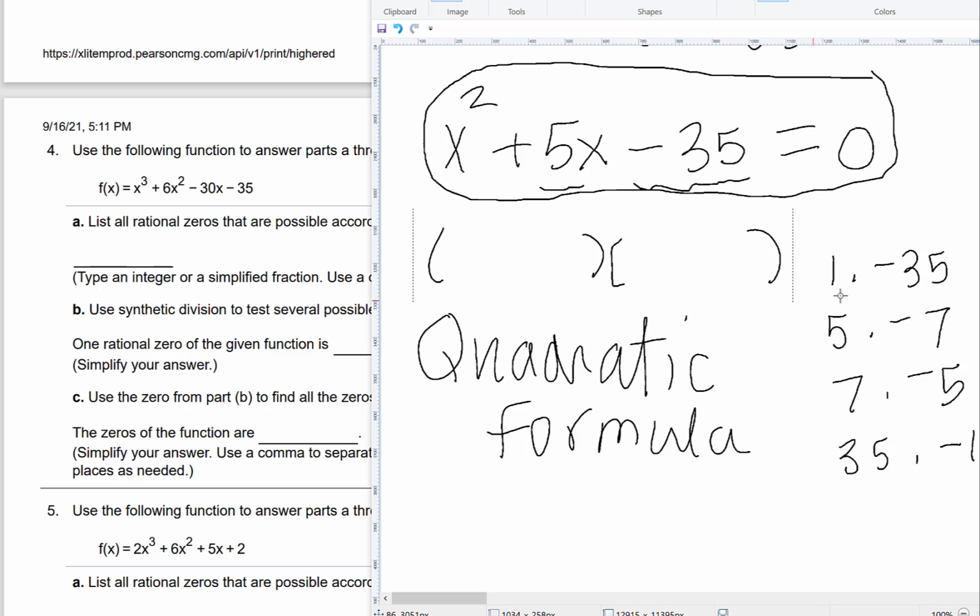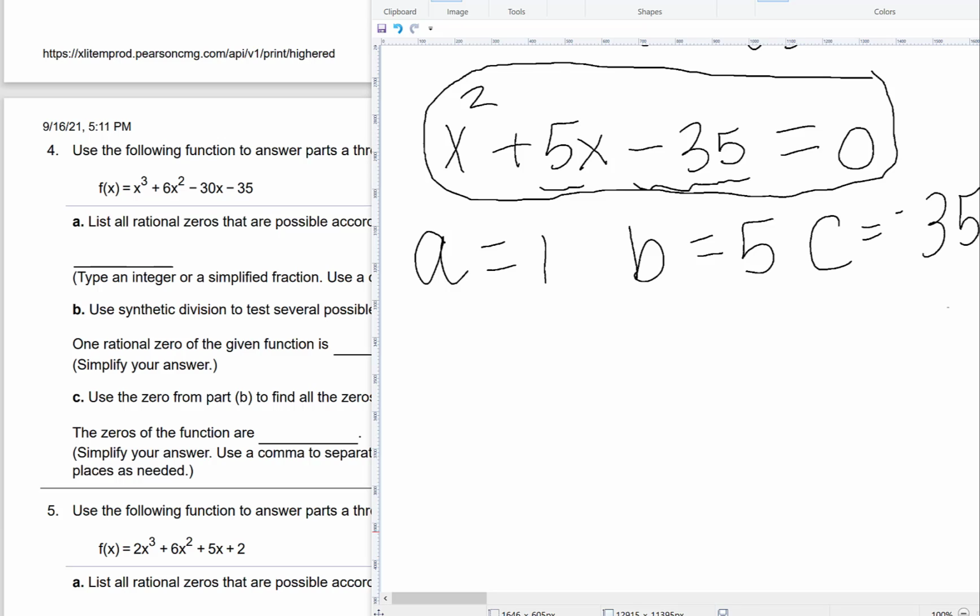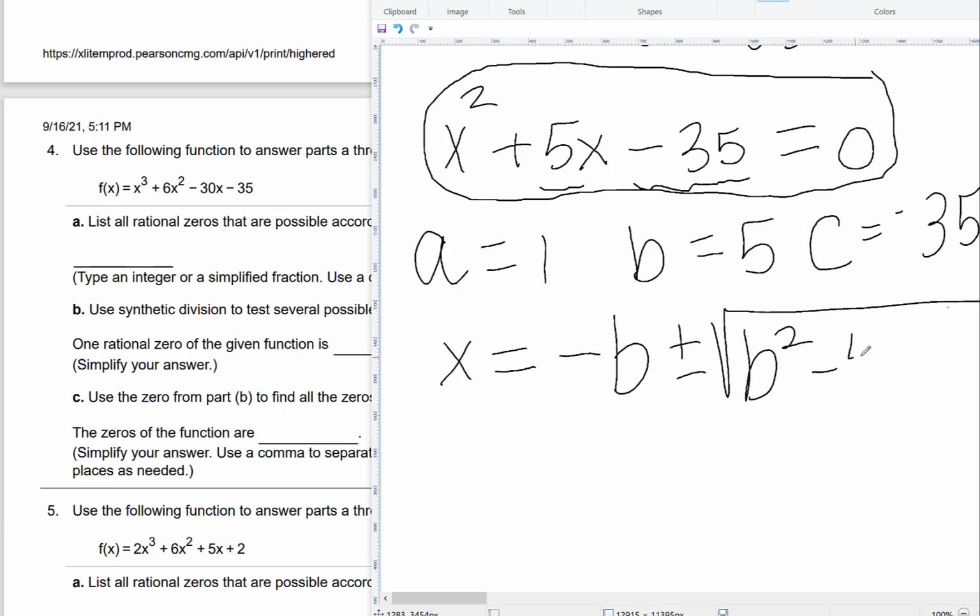So for the quadratic formula, remember that a is the coefficient of the x squared, so we have a is 1, b is 5, and c is negative 35. So my quadratic formula is x equals the opposite of b plus and minus the square root of b squared minus 4ac, and all of that is divided by 2a.